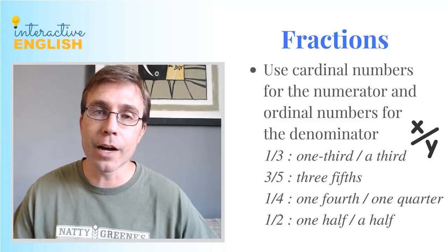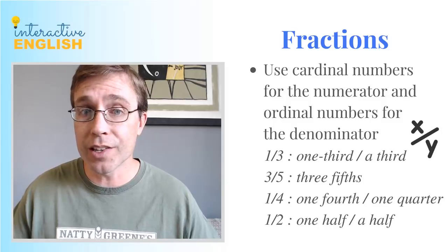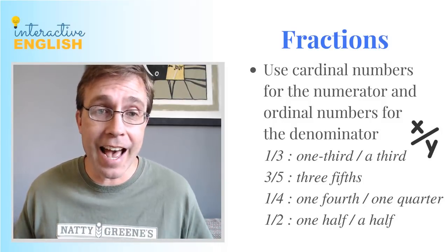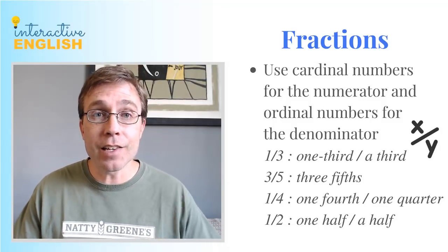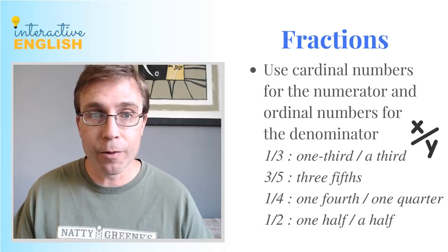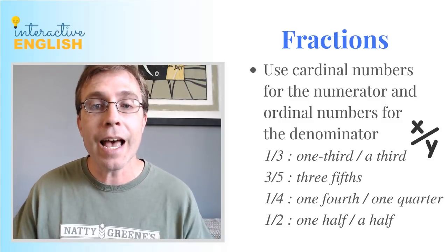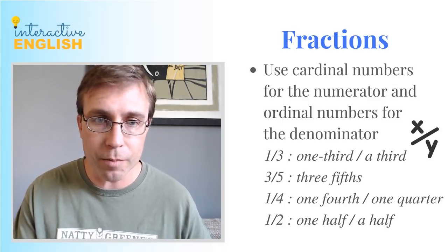And right here, down here, again, this is very common. You could say one half, you could say a half, or you could just say half. And if there's more than 1 in the numerator, for example, maybe it's 3/2, then we'd say three halves because it would need to be plural.